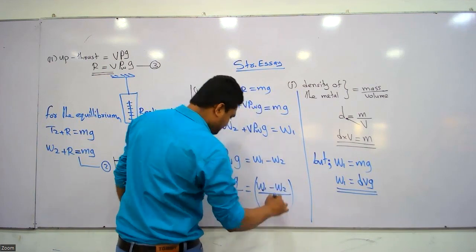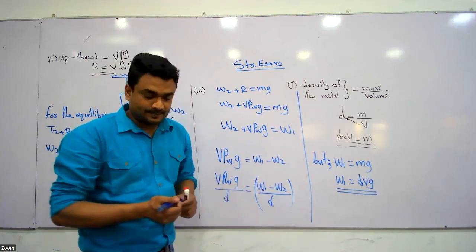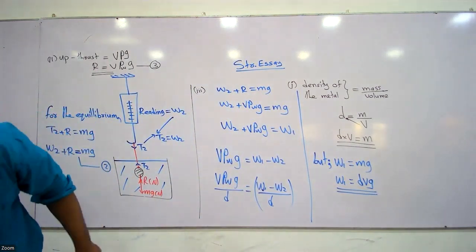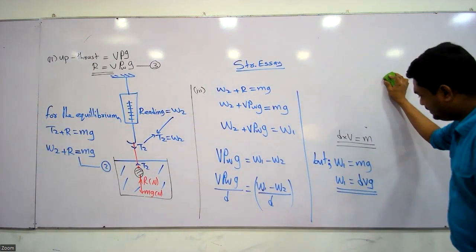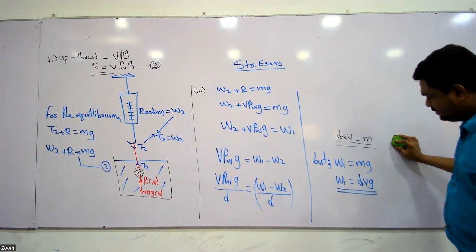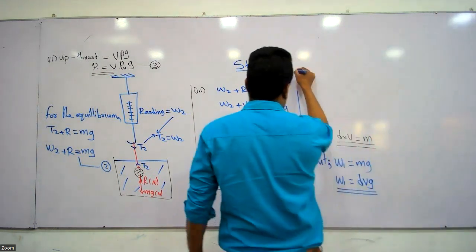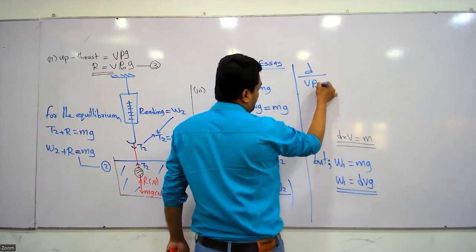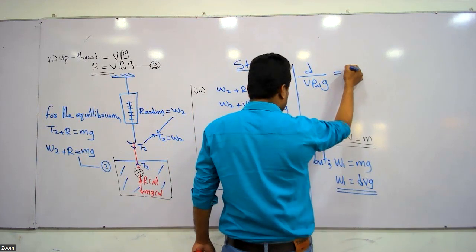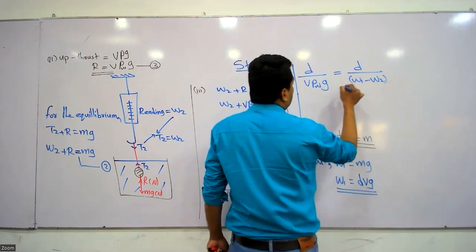Divided by D. Now I get the reciprocal. If I get the reciprocal, what will I obtain? Please write up this thing. If you get the reciprocal, you get D divided by V rho WG equals D over W1 minus W2.